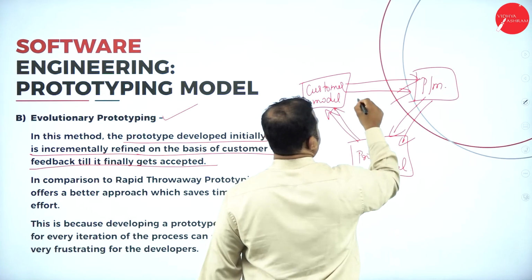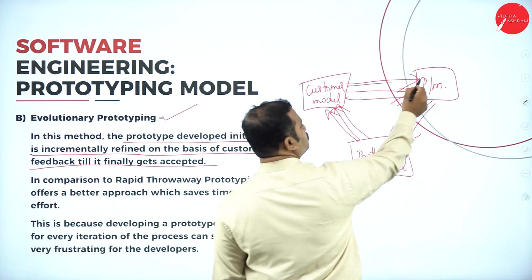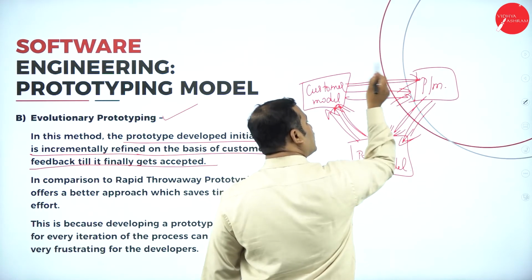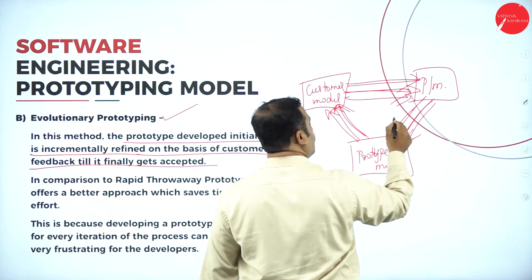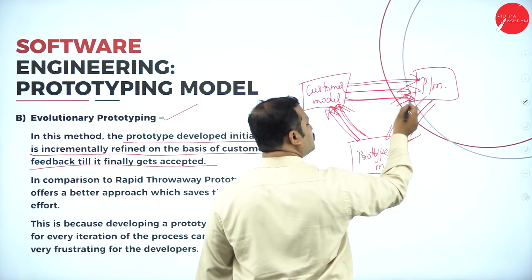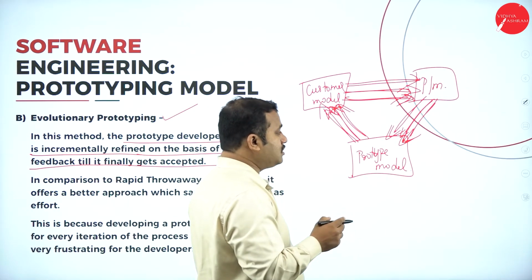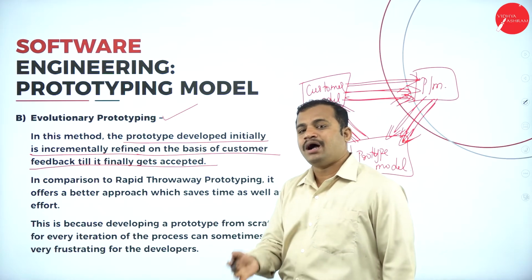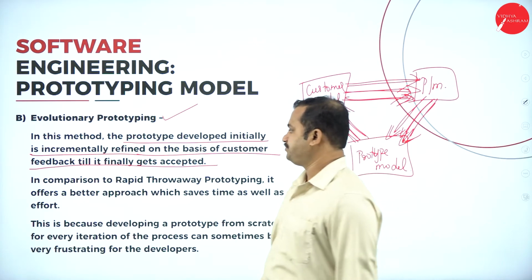This is the second version, this is the third version. So we have evolutions. In the first evolution, what is the requirement of a client? In the second evolution, what is the requirement of a client and how is it incorporated in the second version? In the third evolution, what are the modifications incorporated in the model? So it is called a repeatedly refined model that gives you the ultimate information as to how the software product is to be developed.